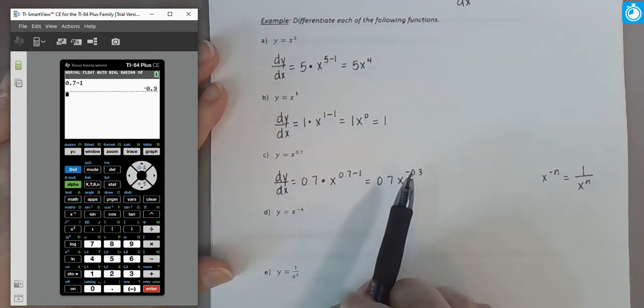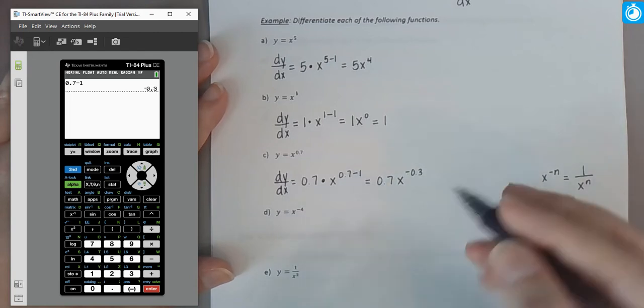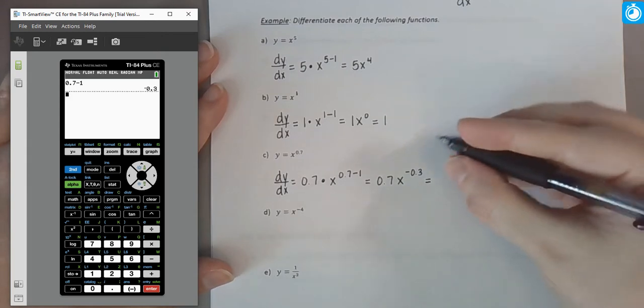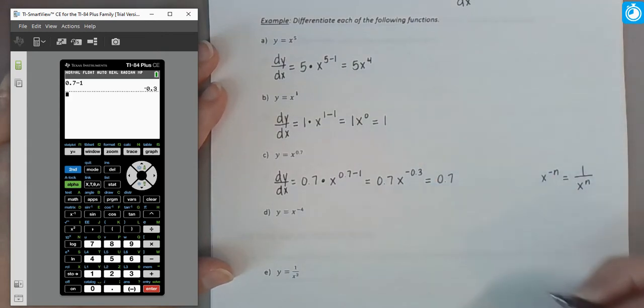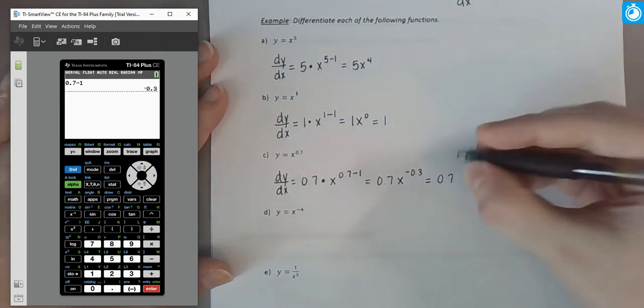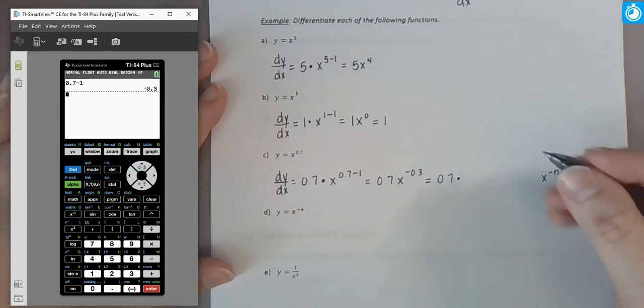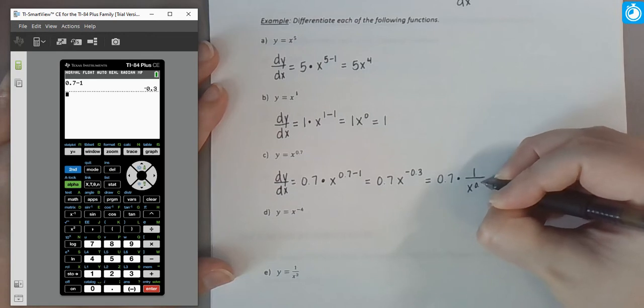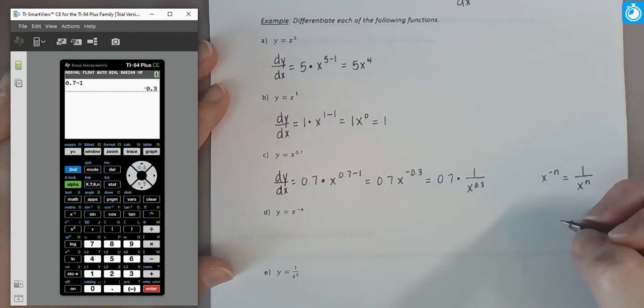So in this case, x to the negative 0.3, that negative tells us that we can take the reciprocal. And in general, we don't like to leave negative exponents when we can avoid them. So getting rid of those negative exponents, interpreting what they mean in terms of reciprocal, we're always going to do that. So 1 over x to the positive 0.3.